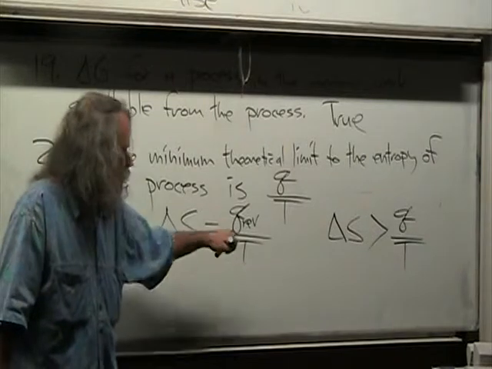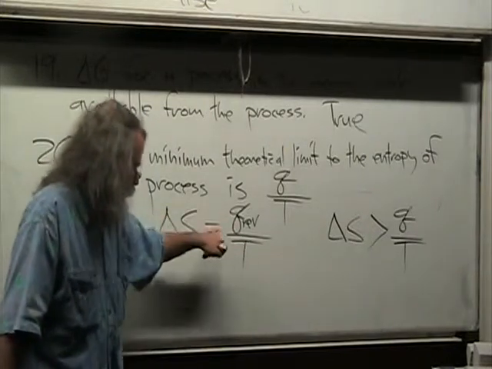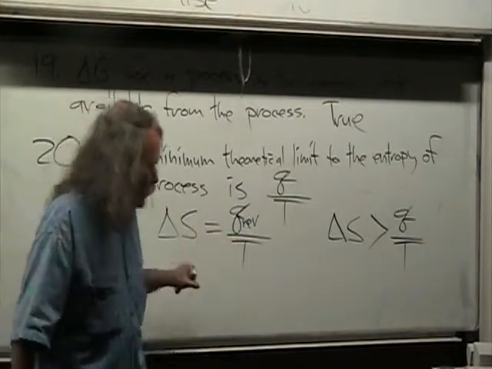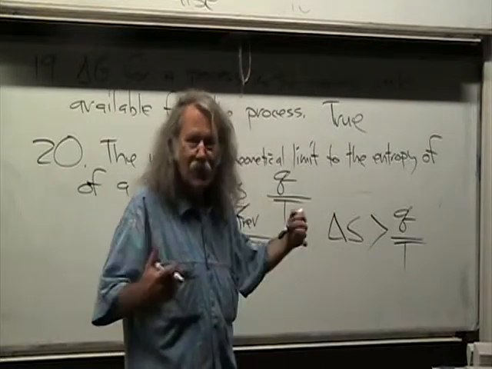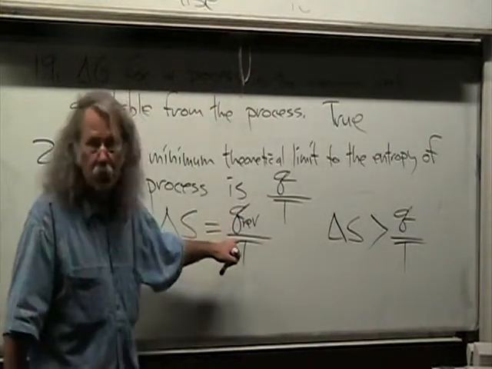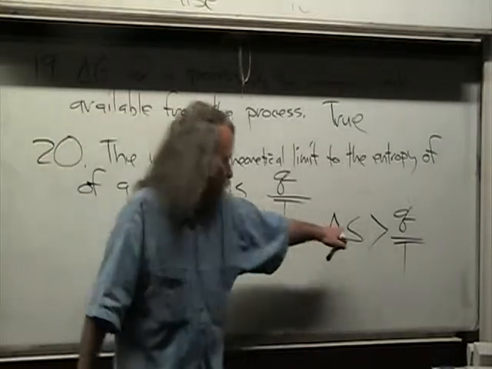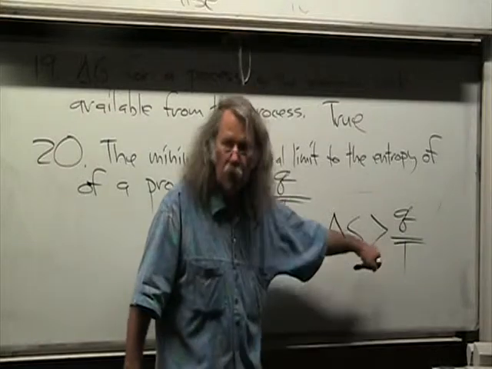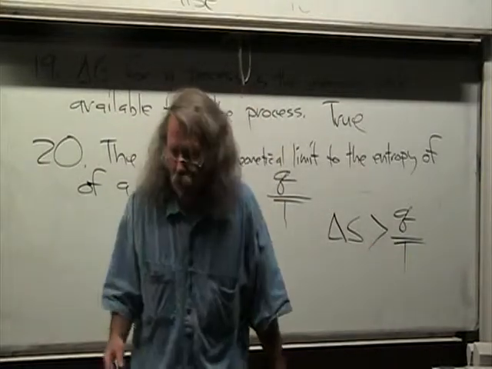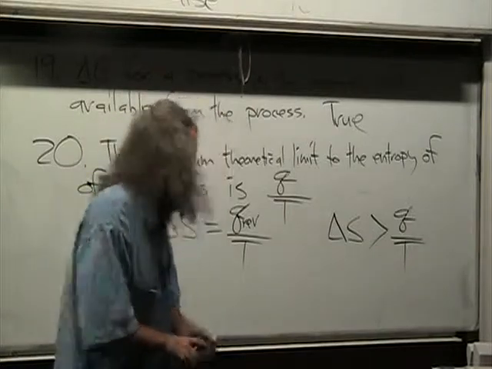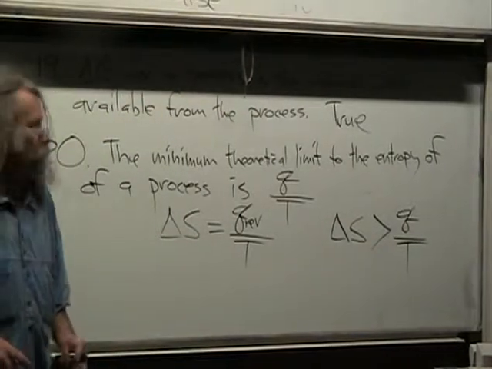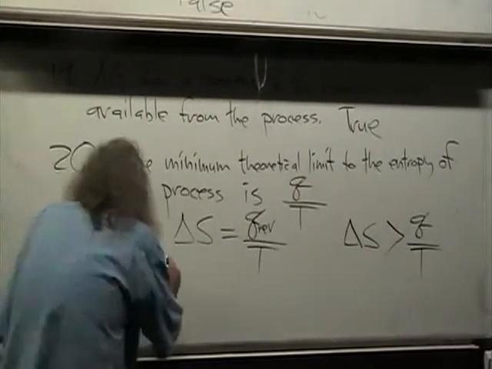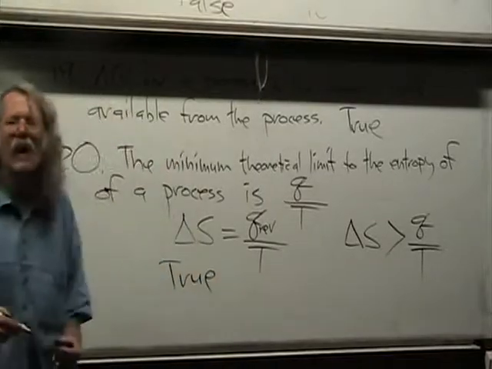So the equality suggests that this would only apply in an unattainable set of conditions. This means that the entropy of the universe is continuously increasing, because it always exceeds this minimum value. And this is actually the best statement of the second law of thermodynamics, the inequality, called the inequality of Clausius, after Rudolf Clausius, the theoretician who developed it. And so that wraps 16 through 20. Oh wait, is this true? Yes. So that is true.